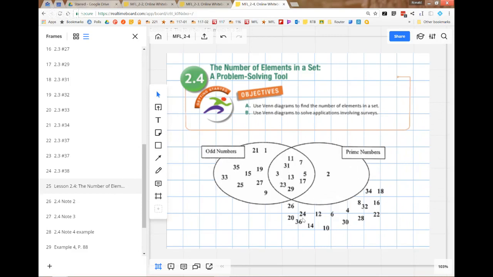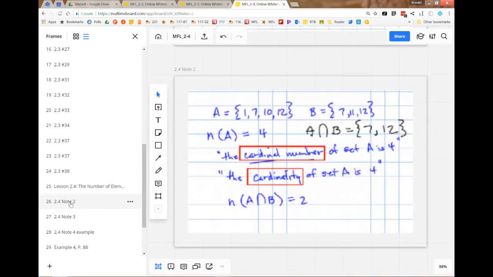Prime numbers are numbers that can't be divided by any other number other than one and themselves. You can see it's mostly even numbers that are left on the outside. They're not prime or odd. 2 is the only prime that's even. Anyway, that's just a graphic to get us going, so we don't have to worry about that too much.